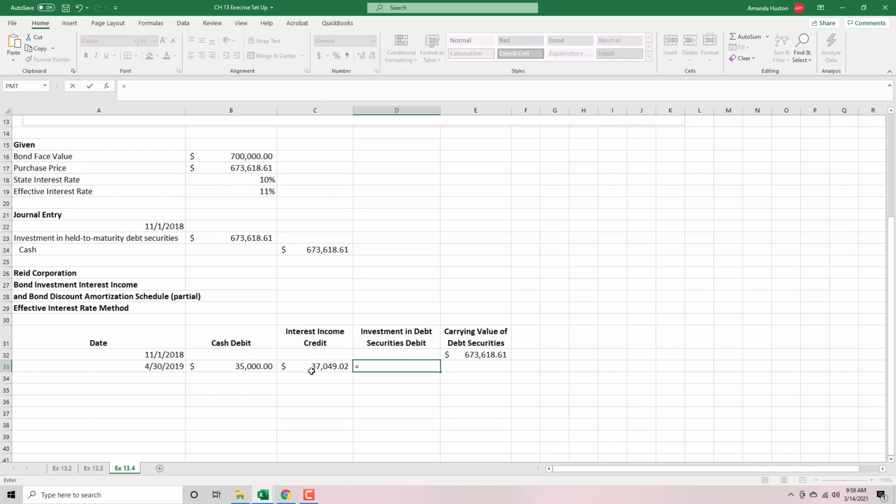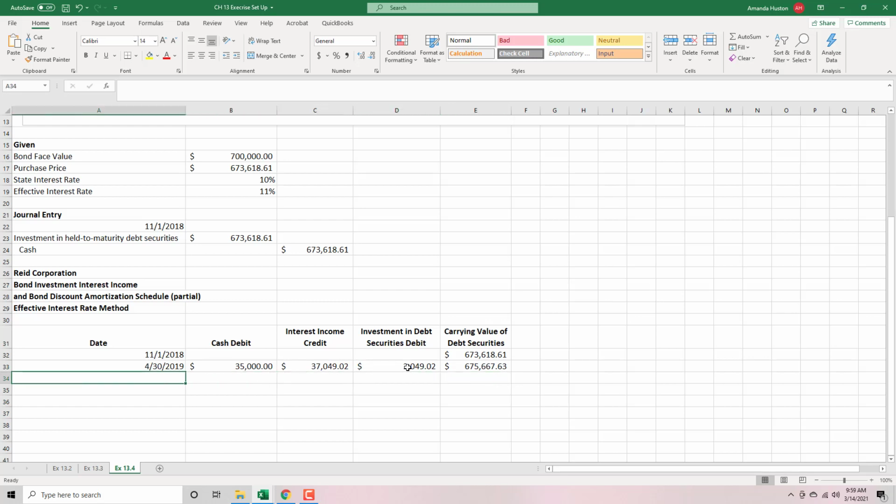Now we're going to go on to 10/31/19. So the cash is still the same: bond face value times stated interest rate times 0.5 for semi-annual.